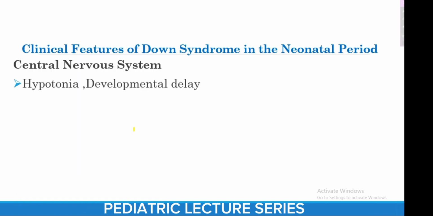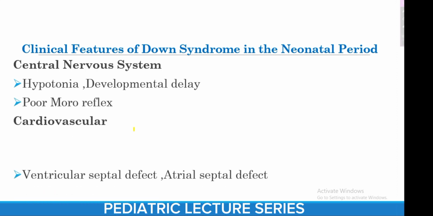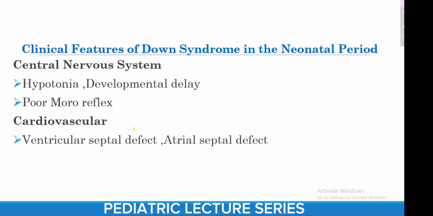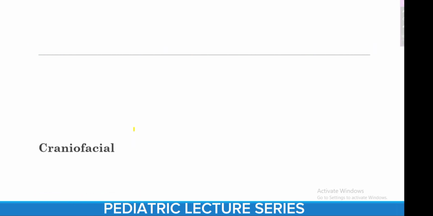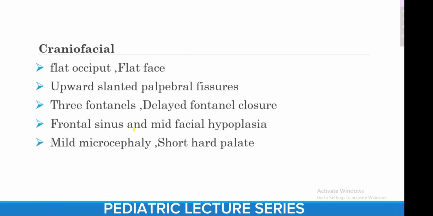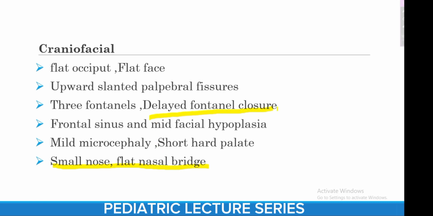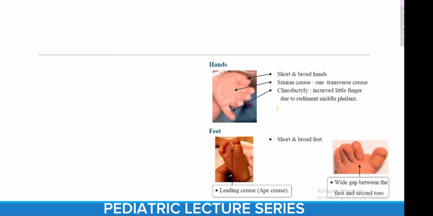Different systems are also affected. The CNS, you can have delayed mental development and others. Then cardiovascular system, you have different heart defects, including ventricular septal defects, patent ductus arteriosus, and others. And then also we have these features around the head and the face, including small flat nasal bridge, delayed fontanelle closure, and others.